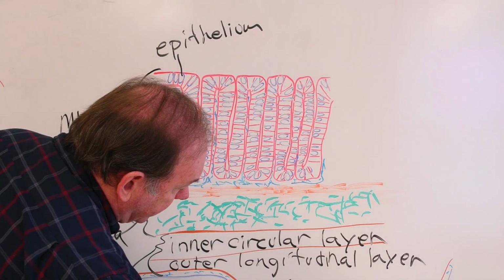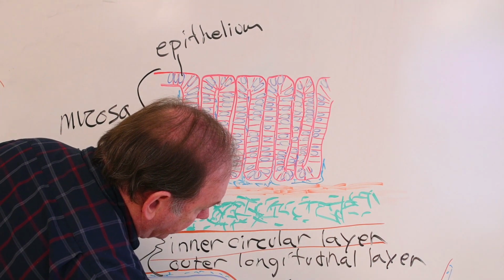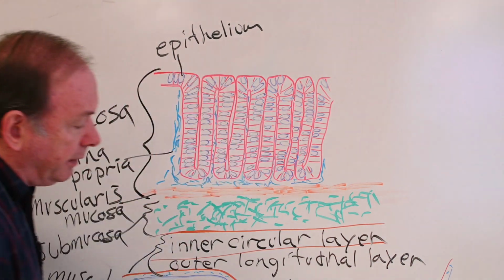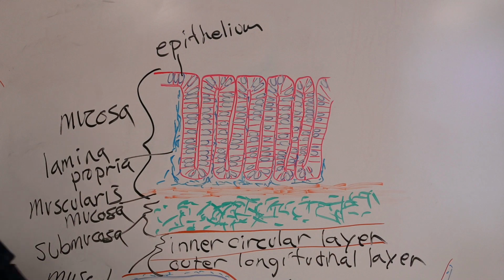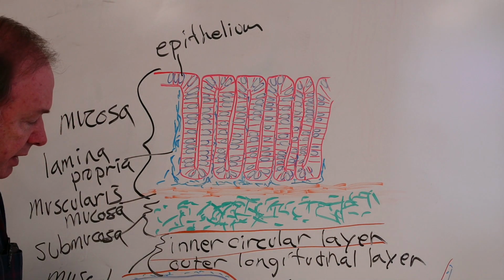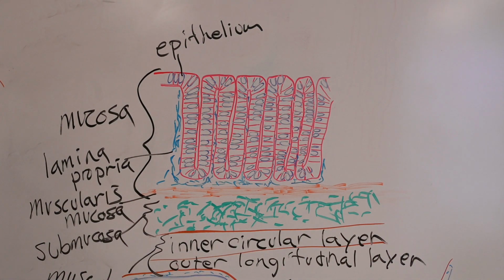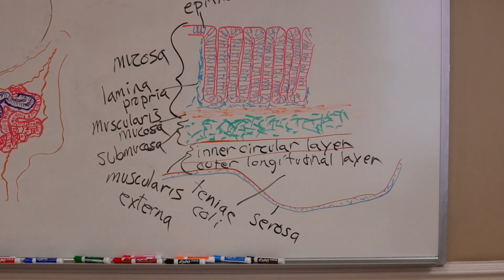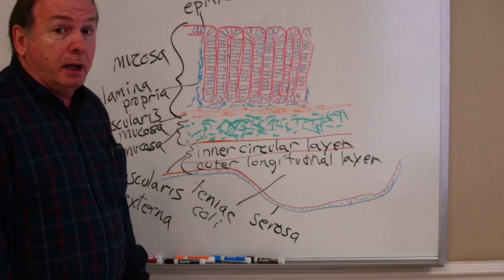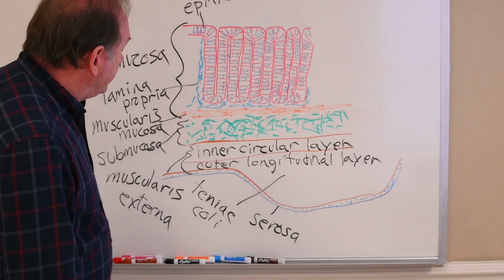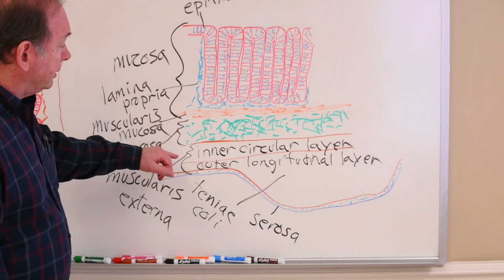Finally, we have the outside layer that is a serosa. The serosal membrane consists of a little bit of loose connective tissue and the mesothelium on the very outside. I apologize for writing where you couldn't see, so let's go over this just a little bit more.